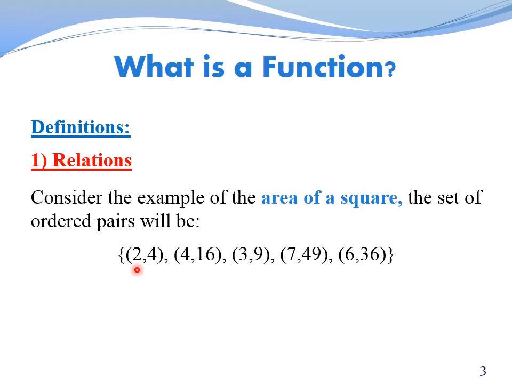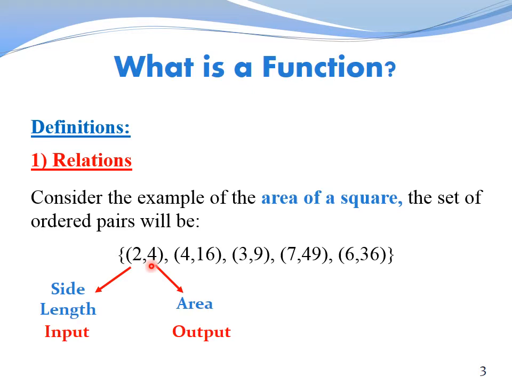So this means the first element: if you give me a square of side length 2, then this relation will give you an output of an area equal to 4. How does this happen? The area of the square, as you know, is the side multiplied by the side, or the length multiplied by the length. So it's the length squared. So if you square the 2, this will give you the 4.